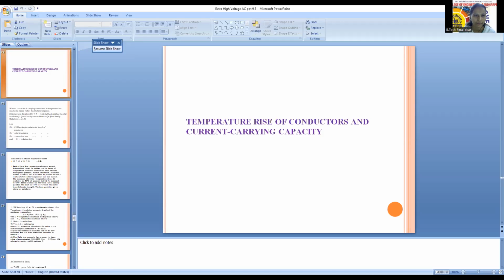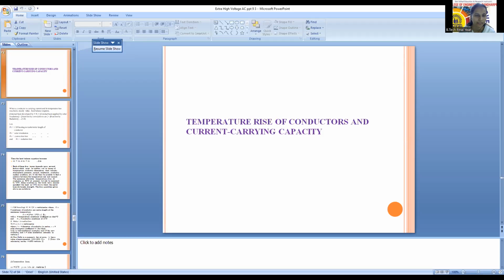Once the conductor attains a steady state temperature, how do we calculate the heat equation, how much heat is going to be developed? Here we are going to see it in equation 3.8.